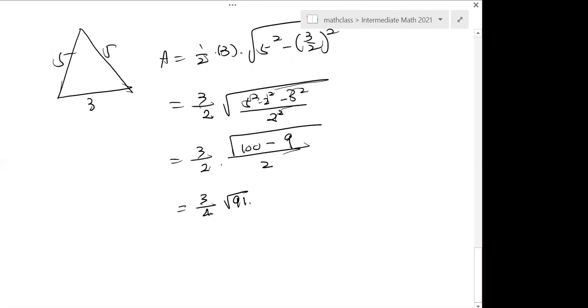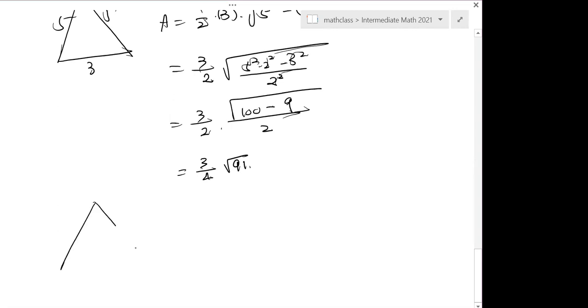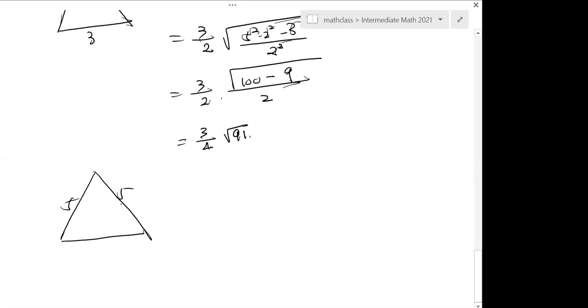Now, when I draw a triangle, I have to be very careful because when I put a number for the base, I put a 3 there. Can I put 100? The answer is no. This cannot be 100, okay? And here's a 5, here 5. The largest number I can put there is any number less than 10, because otherwise this is impossible, okay?